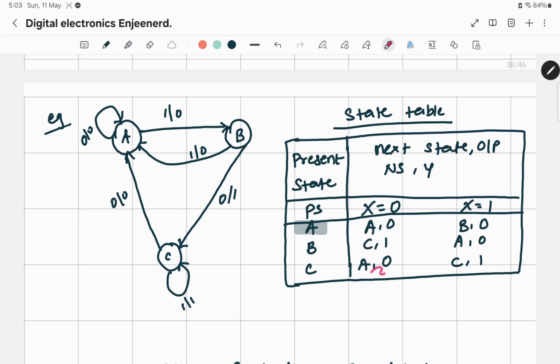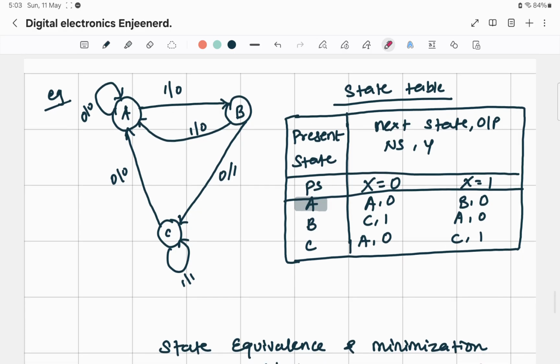Similarly, we fill up this entire table. Let's do one more. I am in B, my input is 0, I go to C, my output is 1. In this way we have to fill the entire state table.